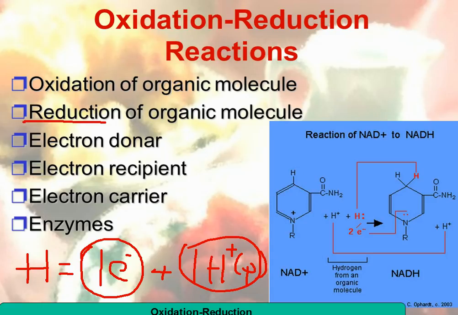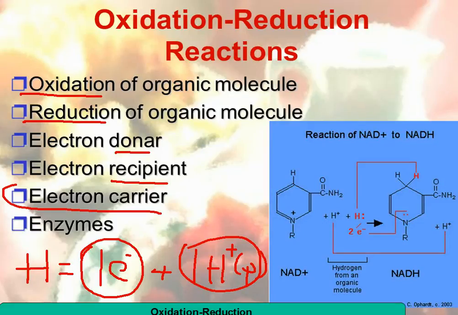A molecule that gives it away is oxidized. Oxidation means to give away, donate electron, hydrogen ion, hydrogen proton. Reduction means to gain. The one that gives it up is called a donor. The one that picks it up is called a recipient.